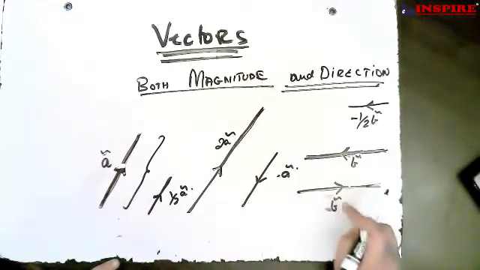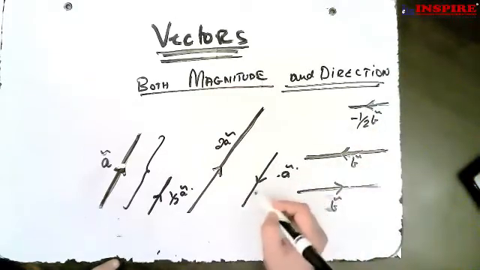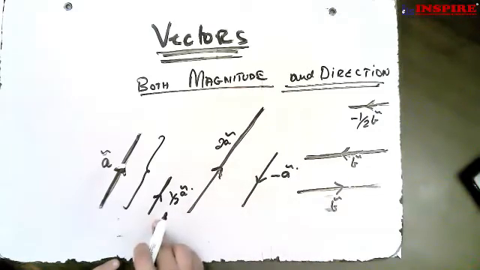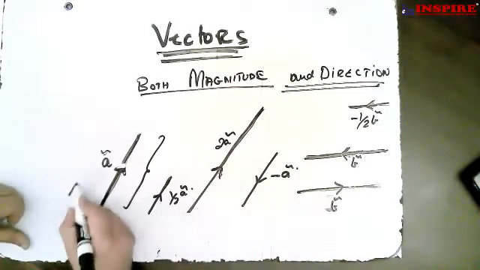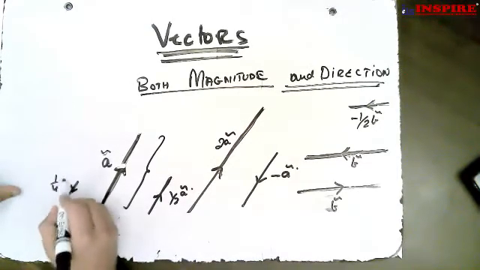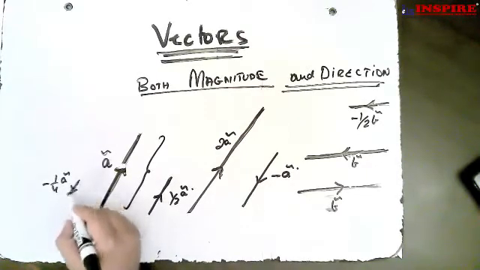It's a B, plus B, minus B. This looks like a minus half B. This is minus A, this is twice of A, this is half of A. And what about this? Minus 1/4 of A. Okay, got it?